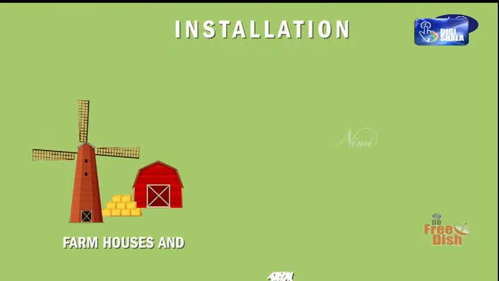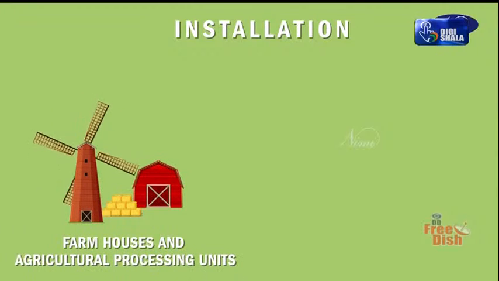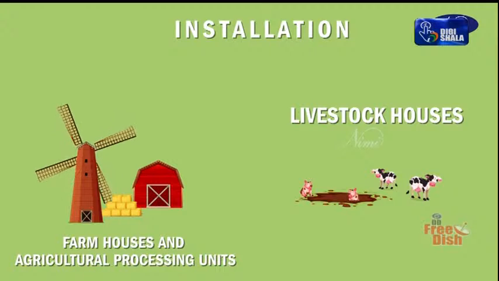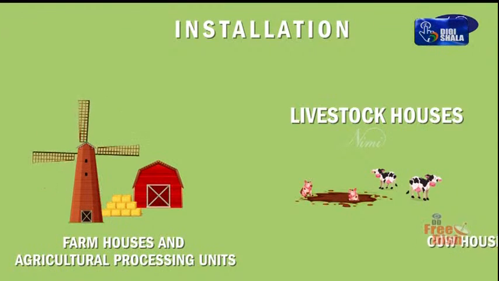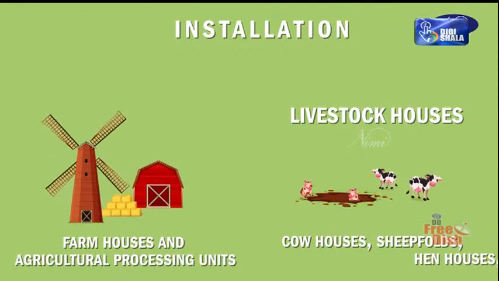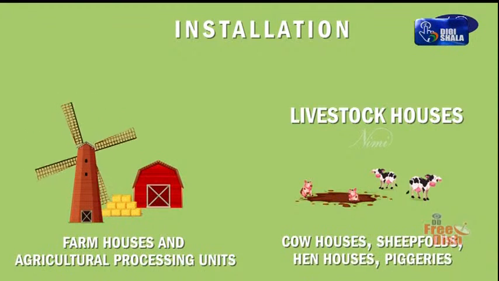Installations in agricultural premises shall be broadly classified into farmhouses and agricultural processing units, and livestock houses. Examples of such premises are stables, cow houses, sheep folds, stalls, hen houses, piggeries, etc.